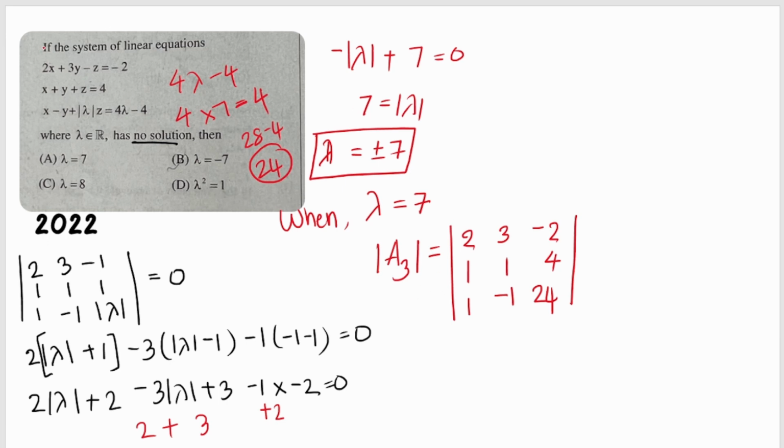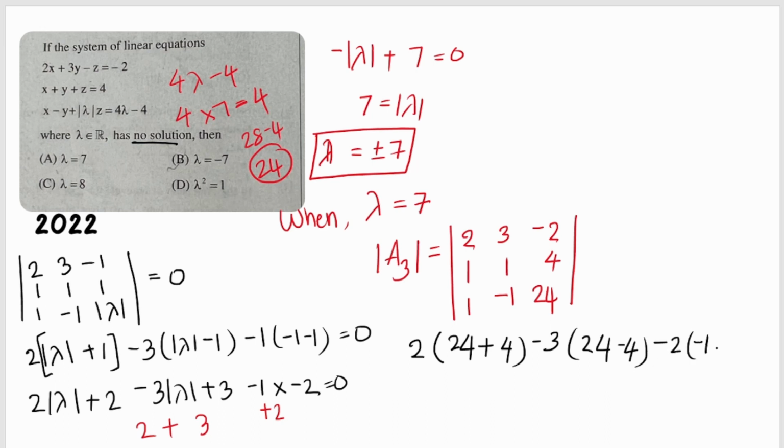Okay. We have 2 into 24. Minus of minus 4 is plus 4. Then you have minus 3. 24 minus 4. Then you have minus 2.